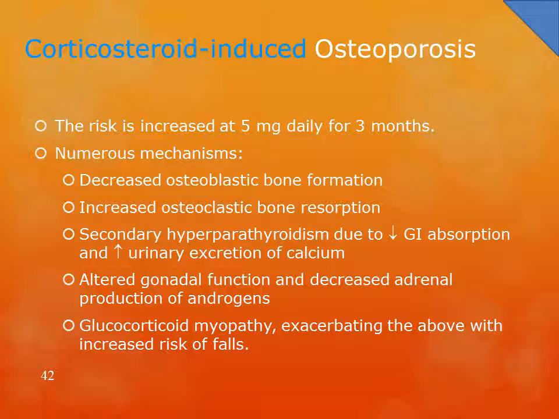There are numerous mechanisms by which corticosteroids induce osteoporosis, and they include the following: decreased osteoblastic action, increased osteoclastic resorption, secondary hyperparathyroidism because your GI tract is not absorbing calcium as much. You can see altered gonadal function and decreased adrenal production of androgens that are also putting you at risk. And for falls themselves, glucocorticoids, we know that they cause a myopathy and a weakness in the muscles.